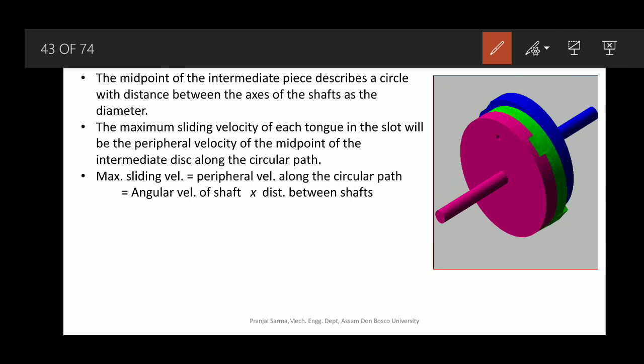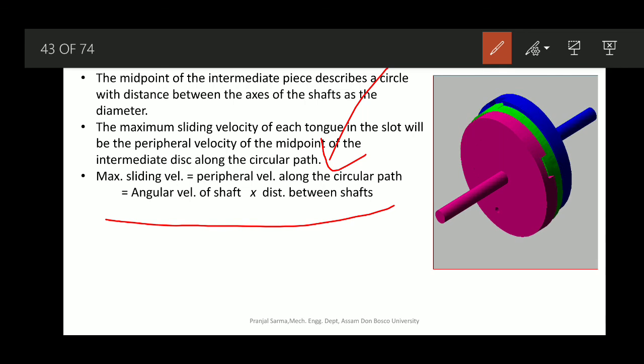Now the midpoint of the intermediate piece describes a circle with the distance between the axes of the shafts as the diameter. How can we obtain the maximum sliding velocity of each tongue in the slot? It is the peripheral velocity of the midpoint of the intermediate disc, equal to the peripheral velocity along the circular path, which is the angular velocity of the shaft times the radius.